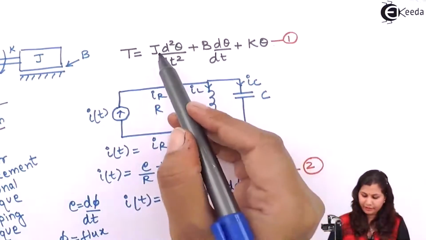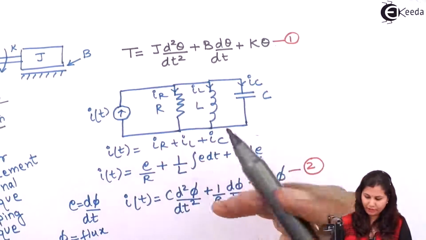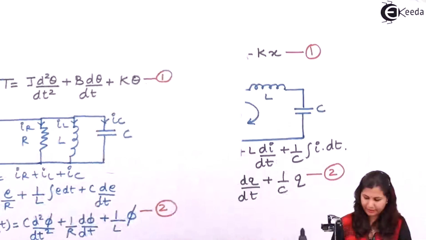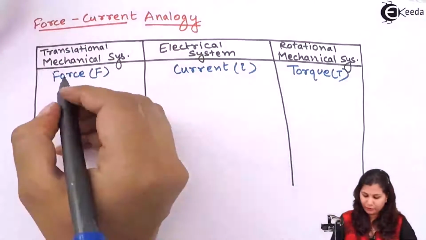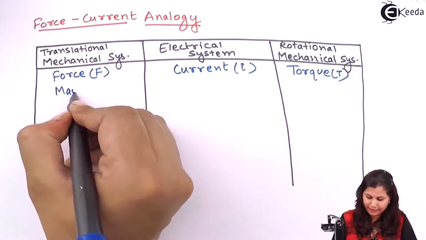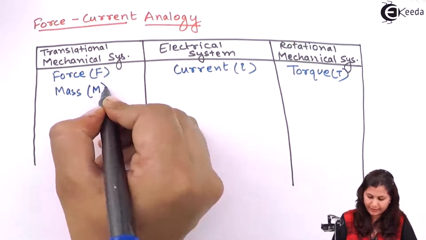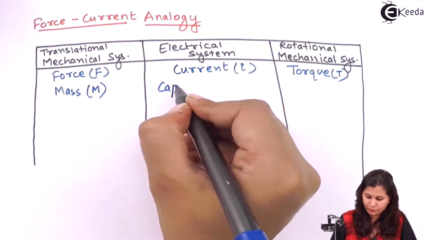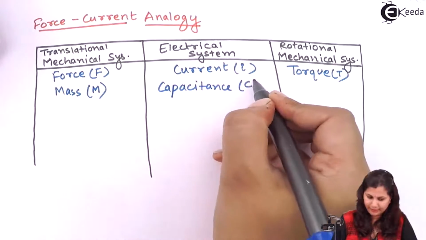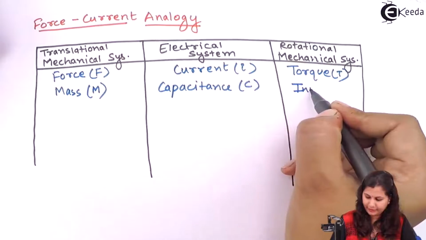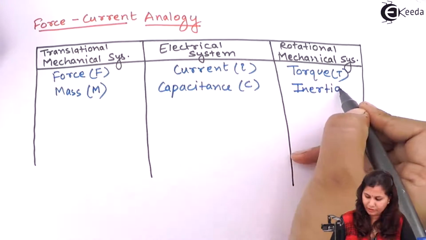Again we have the moment of inertia, which will be equal to the capacitance, and here it will be equivalent to mass. So for the translational mechanical system, we have mass M, which is equal to capacitance C, and here equivalent to inertia J.